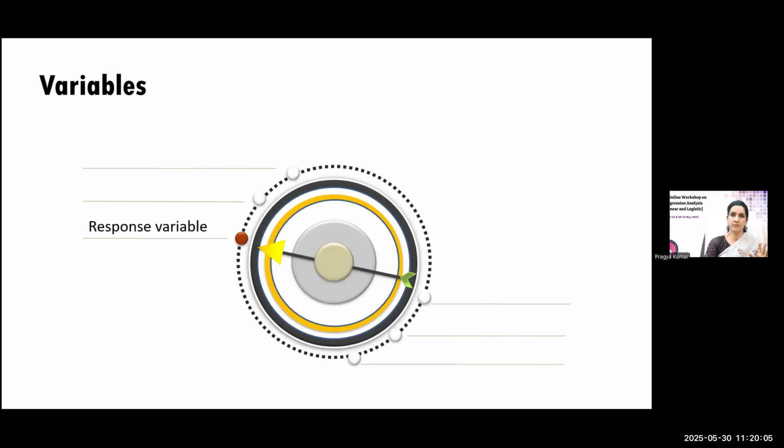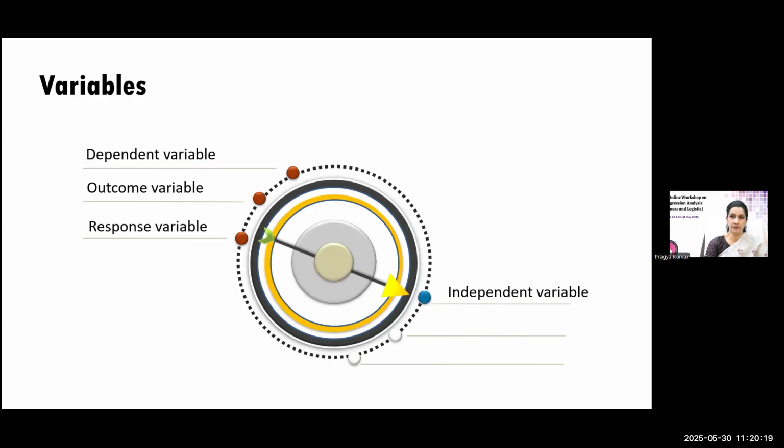So again, there are two types of variables here also. There's the outcome variable, response variable, or dependent variable, and there is the independent variable, predictor variable, or explanatory variable. These are the traditional names which we follow in logistic regression, the way we have done for linear regression.